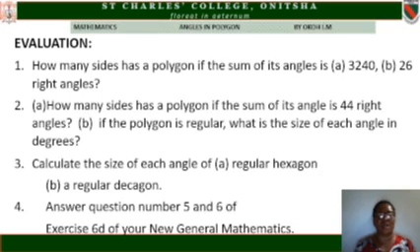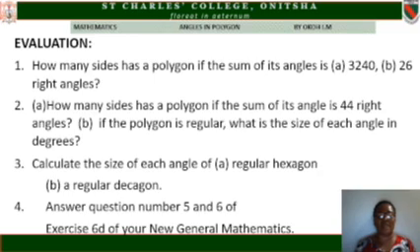So number 2, A, how many sides has a polygon if the sum of its angles is 44 right angles? Then B, if the polygon is regular, what is the size of each angle in degrees?